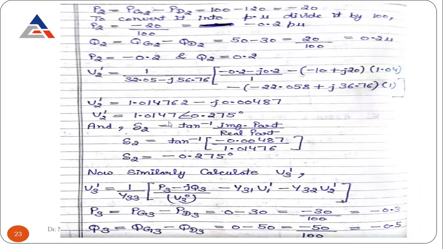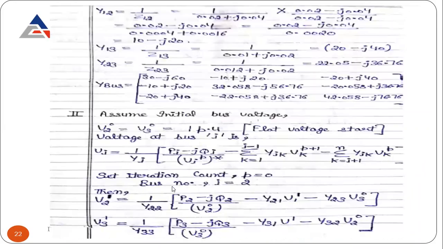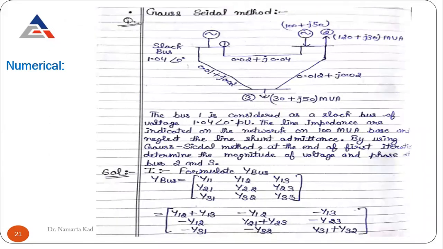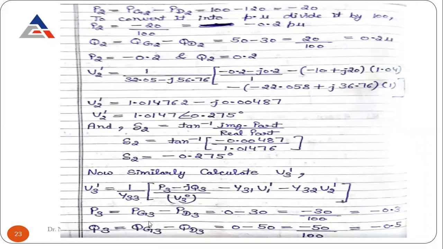As there is no generator on bus number 3, there is no generated power, only demand, so P3 is written as 0 minus 30, that is minus 0.3 per unit, and for Q3 it is 0 minus 50, so divided by 100 it comes out to be minus 0.5 per unit.